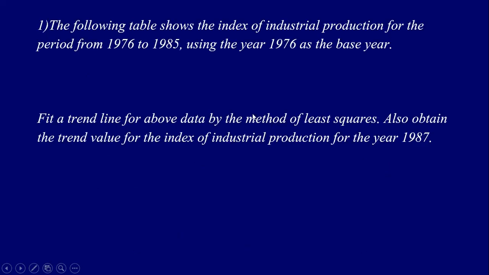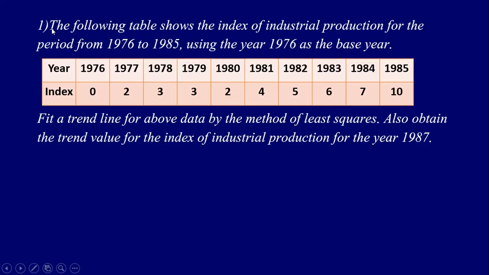Okay, so we see this example. The following table shows the index of industrial production for the period from 1976 to 1985 using the year 1976 as the base year. So years are given 1976, 1977, 78 up to 1985.